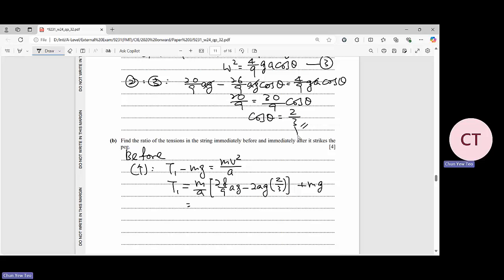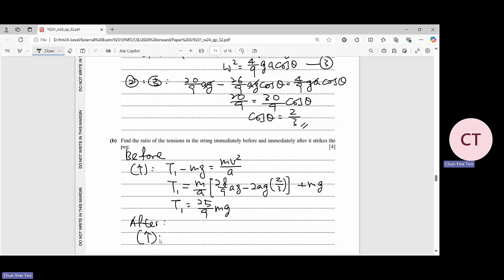We have found the cos theta, so we just put the cos theta here, then just use your calculator. Then you will get the answer as 25 over 9 mg. That is your T1.